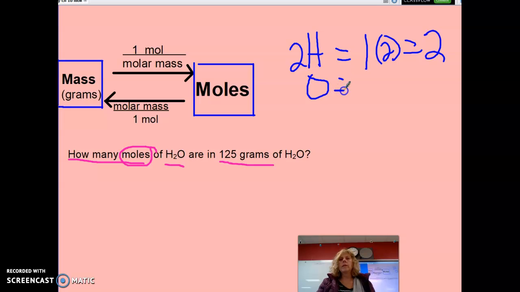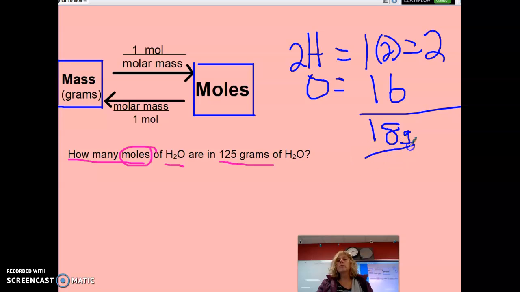Oxygen has an atomic mass of 15.9994. We are just going to round that to 16. Then I add that up. My molar mass is 18 grams per mole. That's what molar mass is. So this is my 18 grams per mole.